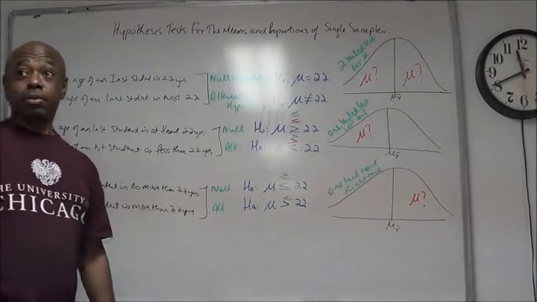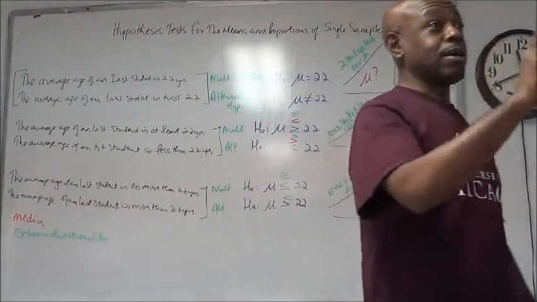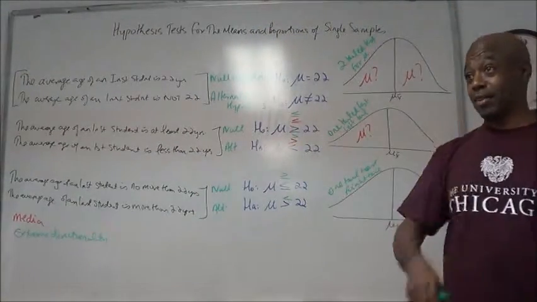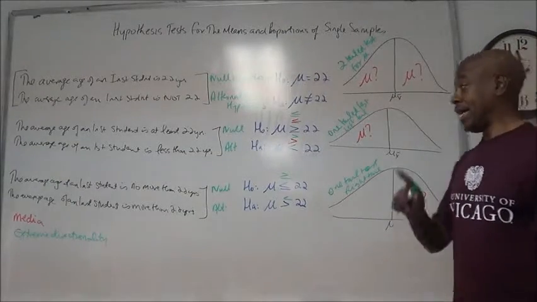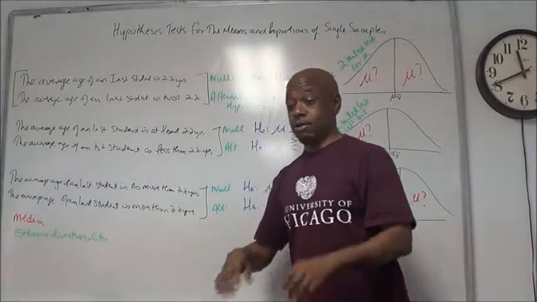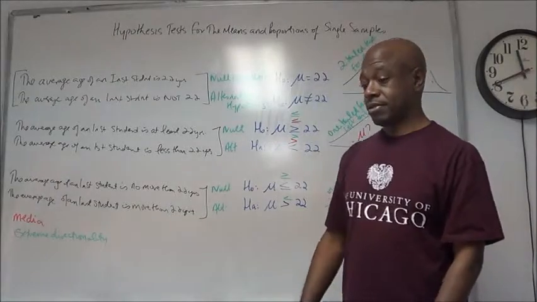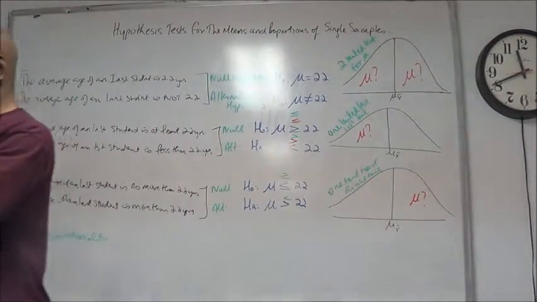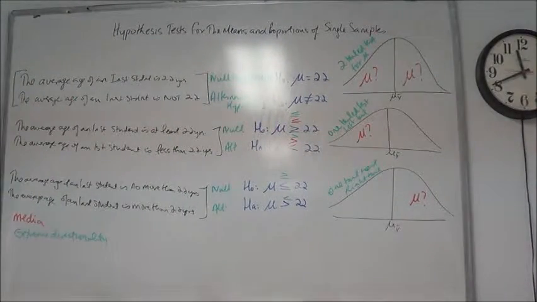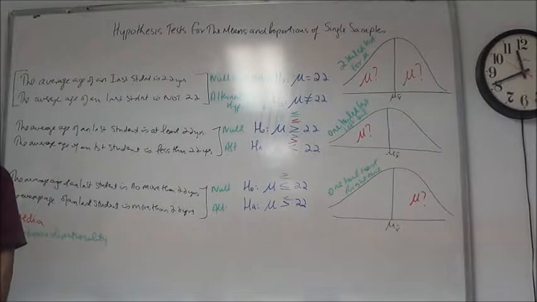Okay. Another problem that comes up quite often, more so than any other one, is the issues associated with research hypotheses. Research hypotheses are very common because hypothesis testing is used very commonly in research.